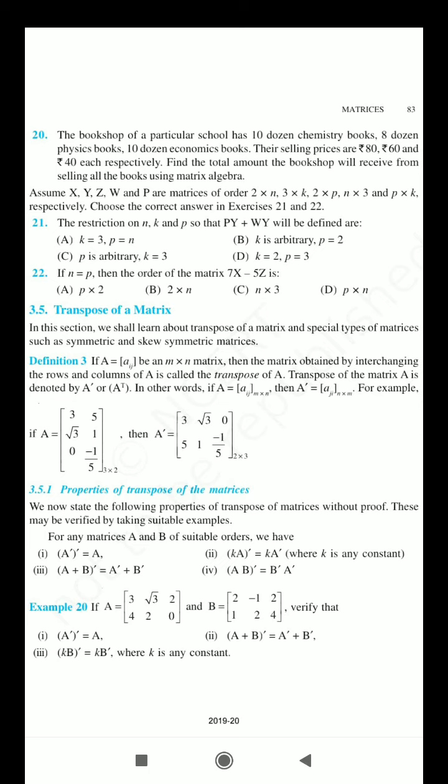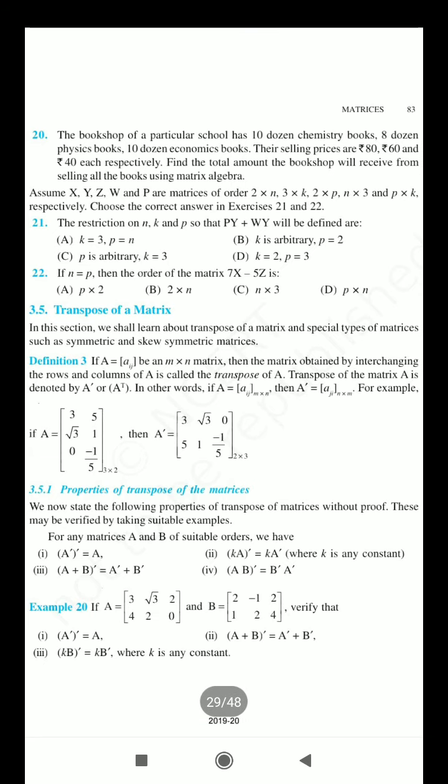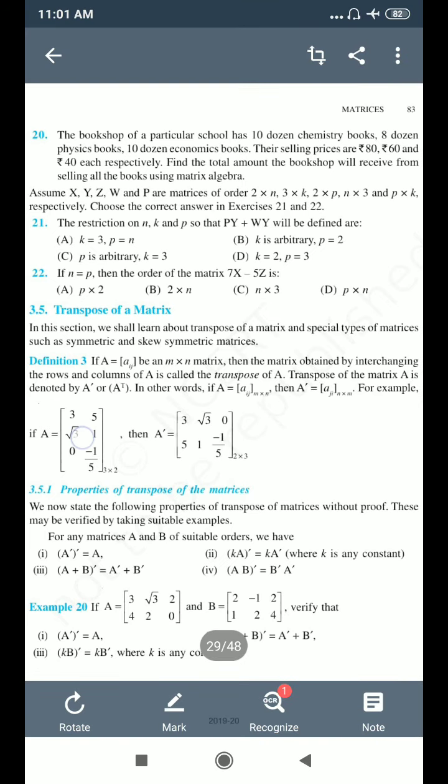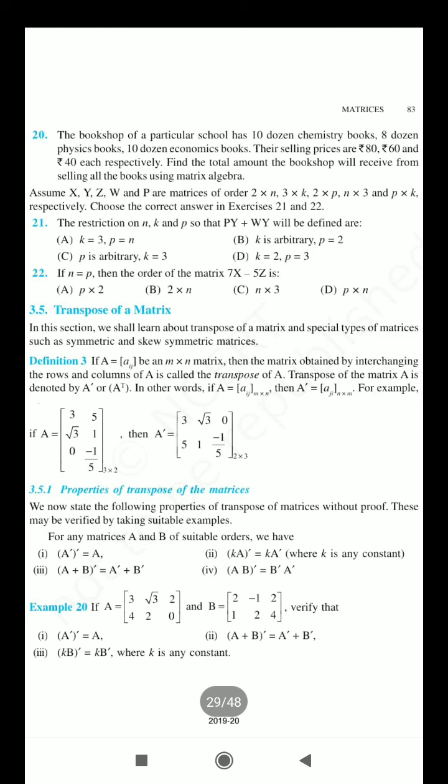How it happens, you just see. Suppose a matrix A is given, a matrix of 3, 1, 2, of order 3 into 2. To get its transpose, you make the first row the first column, 3, 5 is the first column, the second row the second column, root 3 and 1, the third row the third column. So if we change rows into columns, the order of the old matrix is 3 into 2 and the new matrix is 2 into 3.